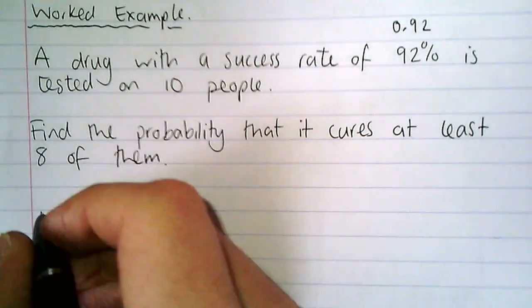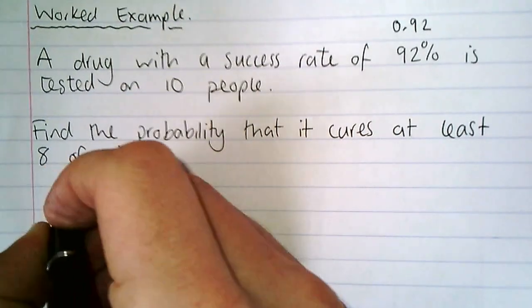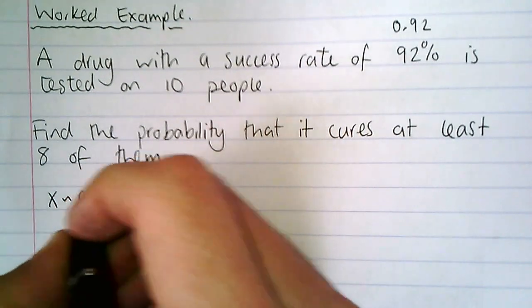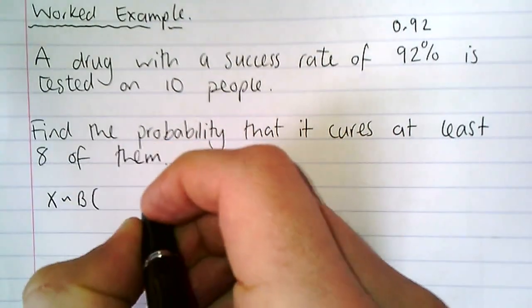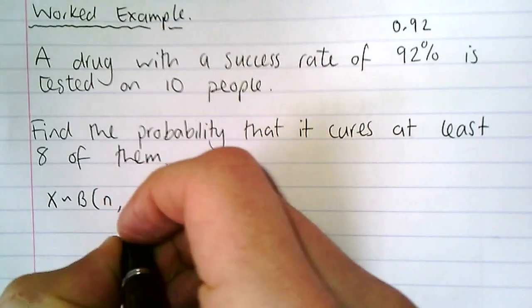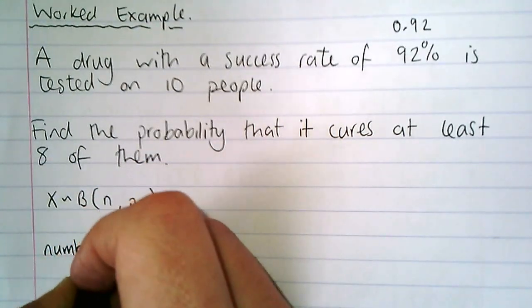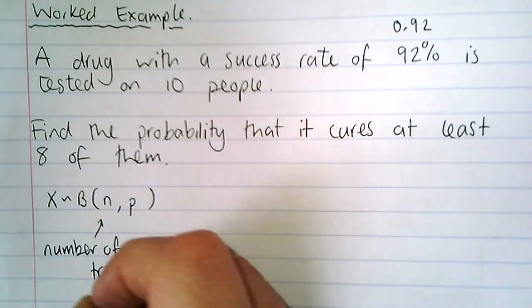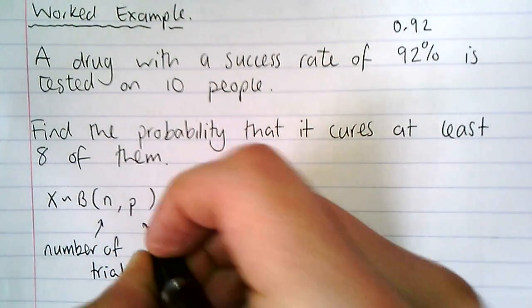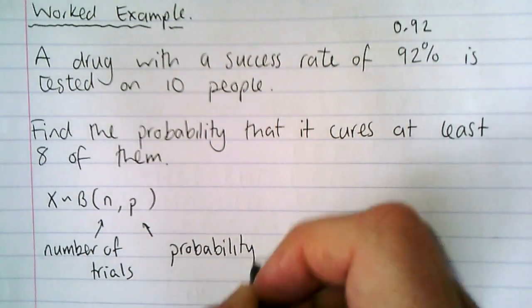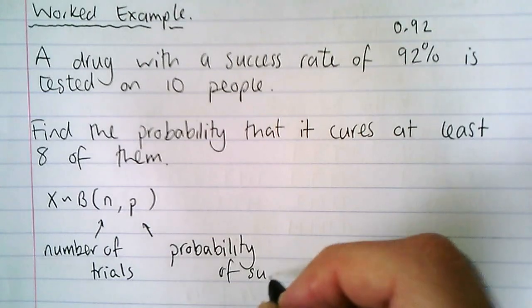So the notation you might see is the following. You might see x and then this squiggle, this is called a tilde, so x tilde B, and then you get some values. So I'm going to write n and p there. So n here stands for the number of trials, and the p here is the probability of success.